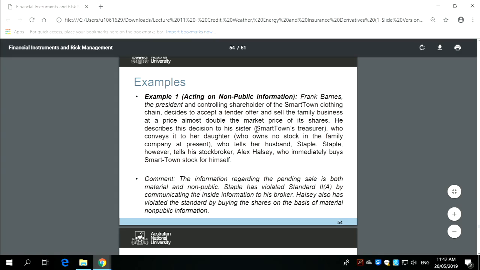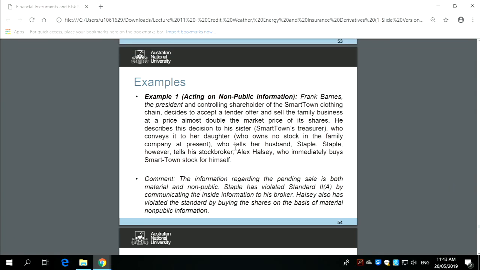He described the decision to his sister, the Smart Town treasurer, who conveys it to her daughter, who owns no share in the family company at present. Her daughter in turn tells her husband, Staple. Then Staple in turn tells his stockbroker, Alex. Then the stockbroker immediately bought some shares for himself.